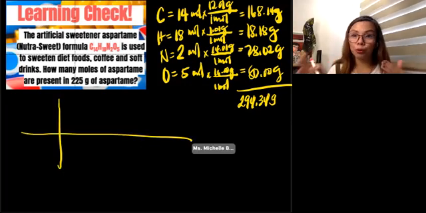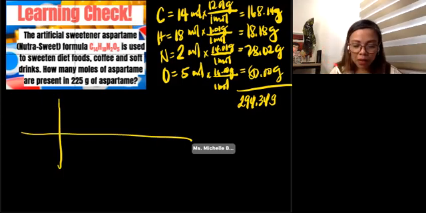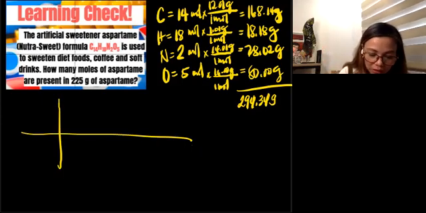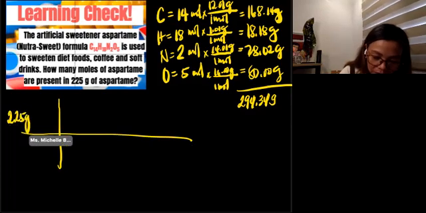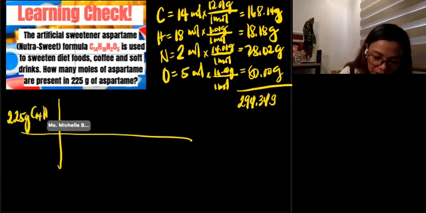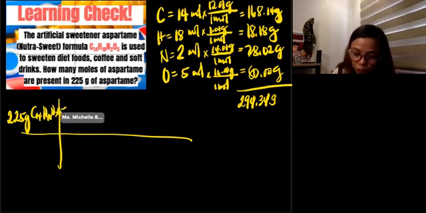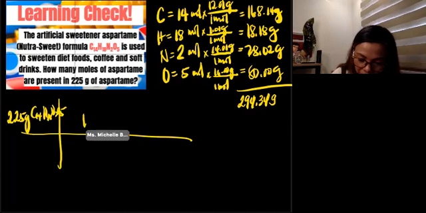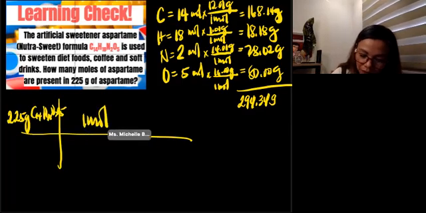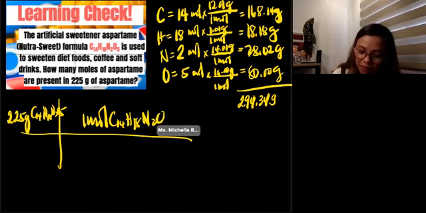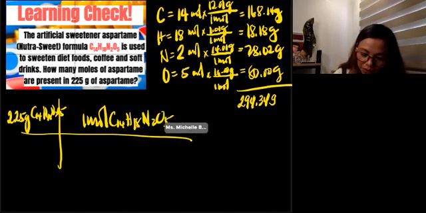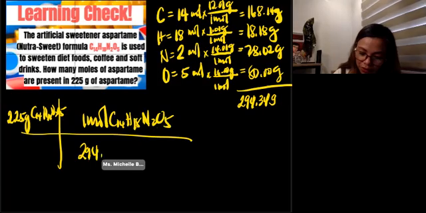Then I will use this. You have an option to use multiplication sign or division. I will place 225 grams of C14H18N2O5. Then I will put 1 mole here of C14H18N2O5, and the molar mass is 294.34 grams.